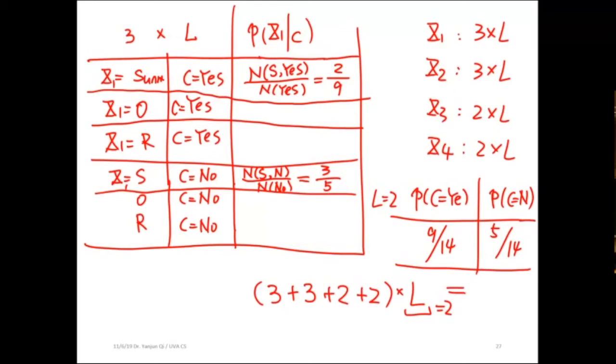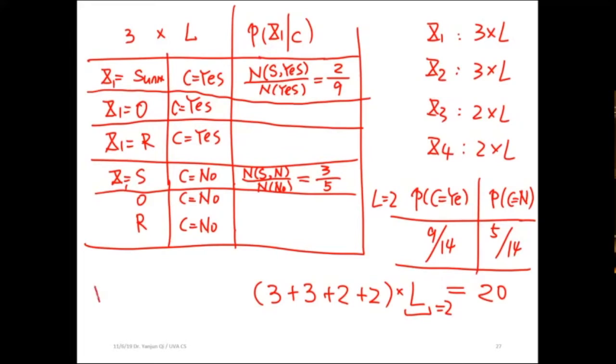20. Yeah, it's 20, right? Okay. And plus the 2 priors, in total it's 22 parameters. Versus the previous case without the naive assumption, which is 72 plus 2, right?